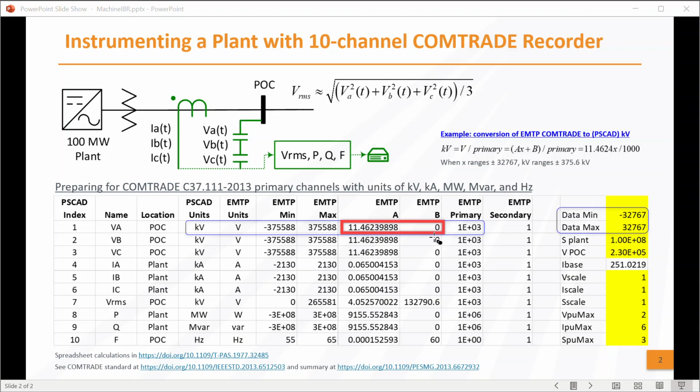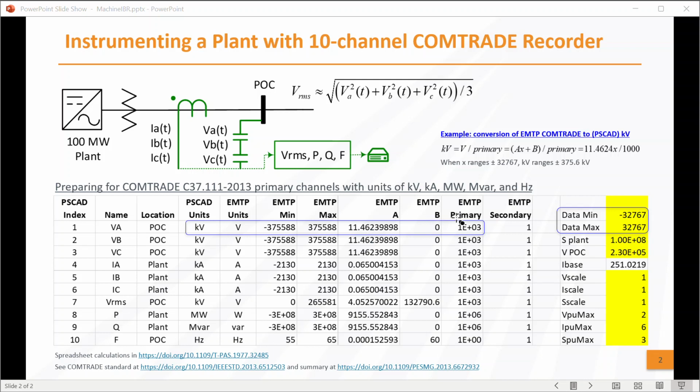So 11.46, and the offset is 0 because the instantaneous voltage is going to be symmetrical around the y equals 0 axis. But in the 2013 version of ComTrade, we set it up so that the integer values, which are what's stored in ComTrade, are minus 32767 to plus 32767. The ComTrade data file is going to have an integer within that range. You multiply that by A and add B, and you will get volts.